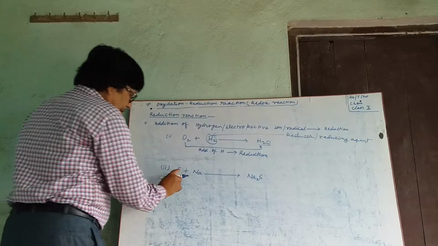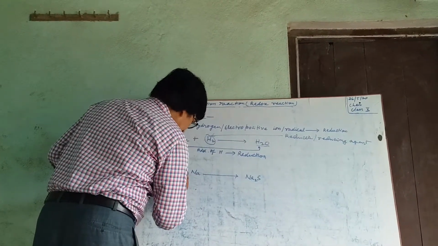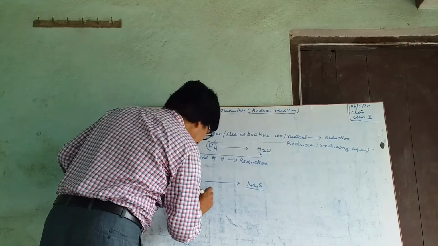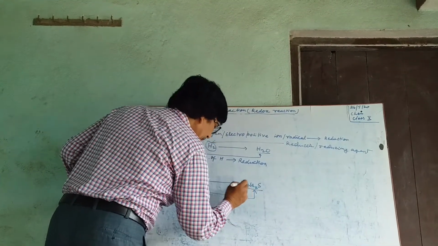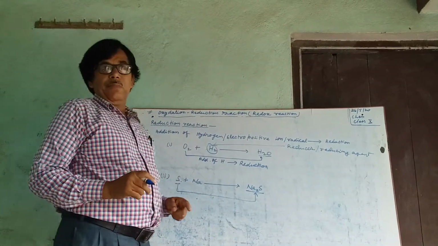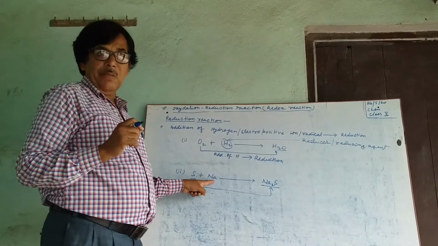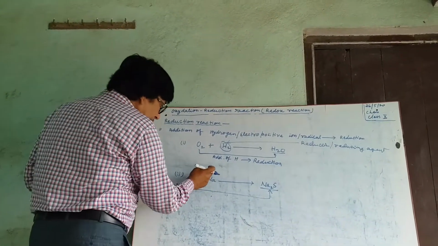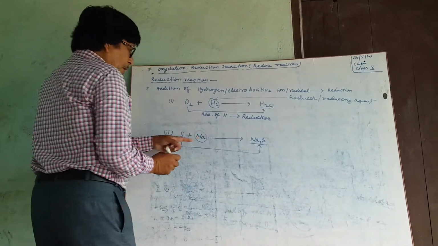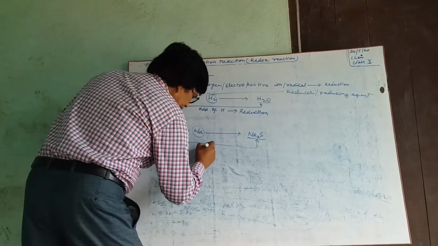Next example, when sulfur reacts with sodium, they form sodium sulfide. Na means sodium, which is an electropositive element. Due to addition of sodium, the reaction will be reduction.